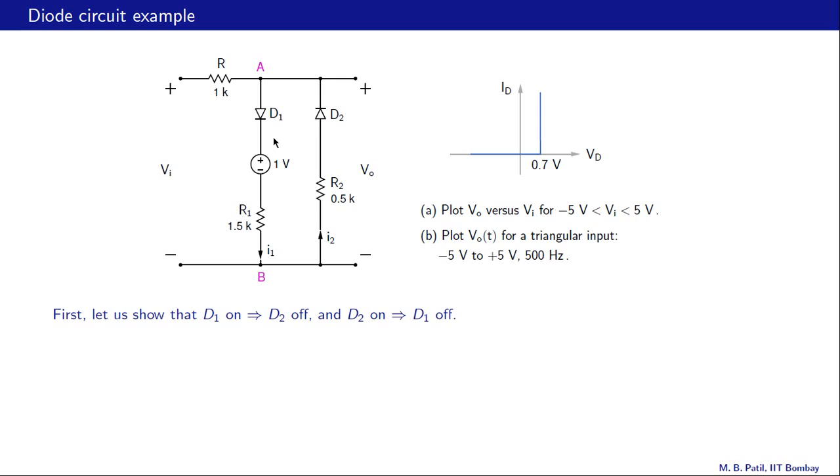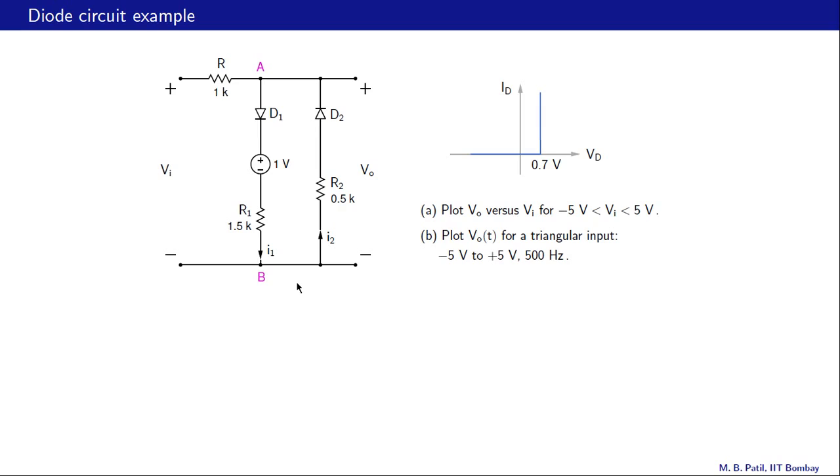So the voltage difference between A and B, that is VA minus VB or VAB, must be greater than 0.7 plus 1, that is 1.7 volts, because this voltage drop can only be positive. So what it means is that for D1 to conduct, we must have VAB greater than 1.7 volts.